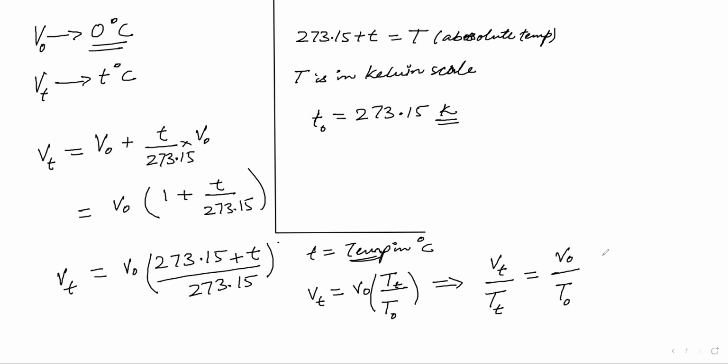Correct? Now, if I can write this, then also I can write V1 by T1 is equal to V2 by T2. Correct? Now, from that, I can also write V1 upon T1 is equal to V2 upon T2.